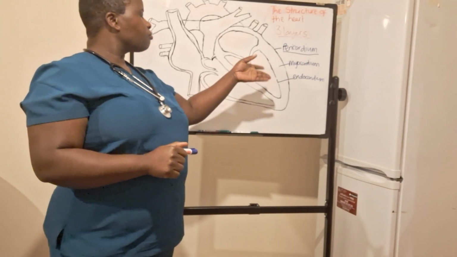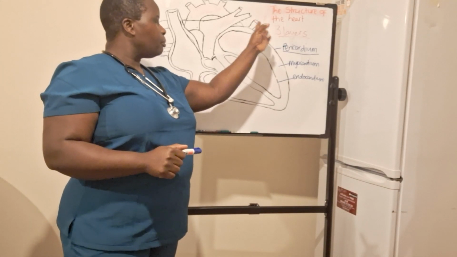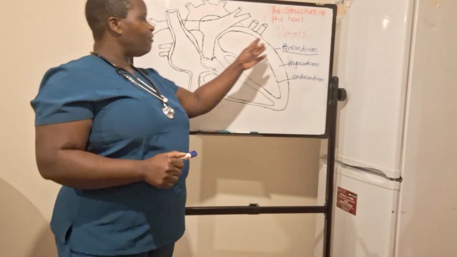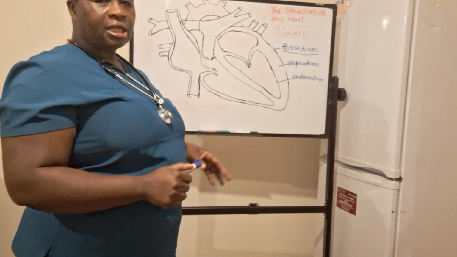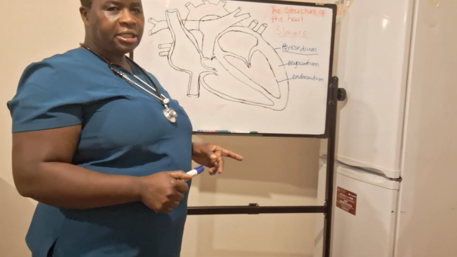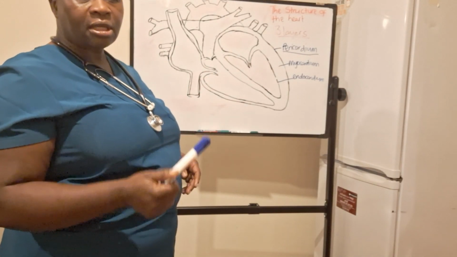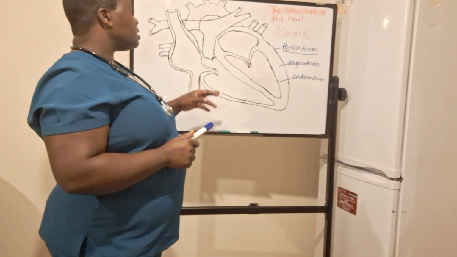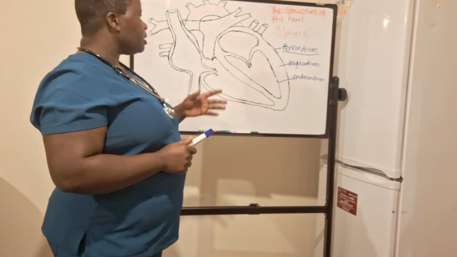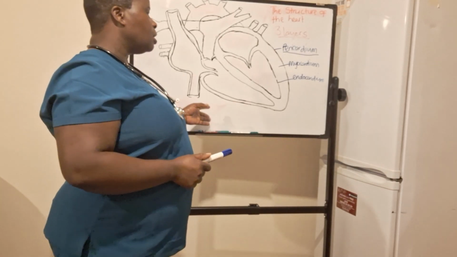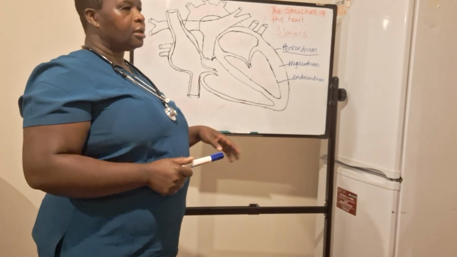So this is the anatomy of the pericardium, and the condition that normally affects the pericardium is called pericarditis. Pericarditis is the inflammation of the pericardium. This inflammation can either be acute or chronic.